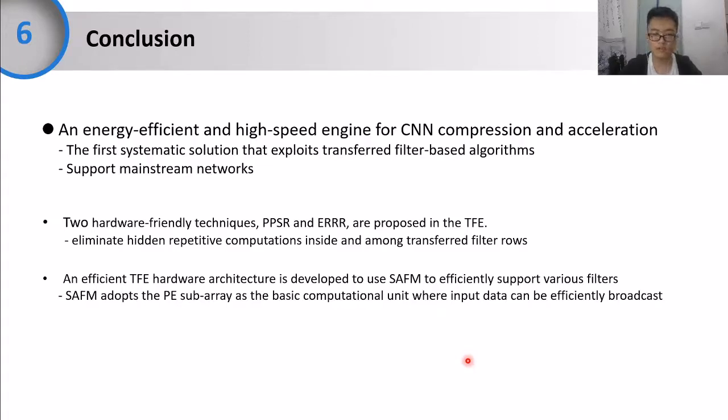In our architecture, two hardware-friendly techniques are proposed in the TFE to reduce the redundant computations. And we also designed an efficient TFE hardware architecture to support the above process efficiently with a new filter mapping method named SAFM.